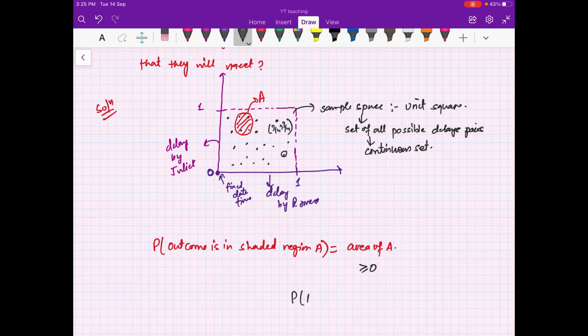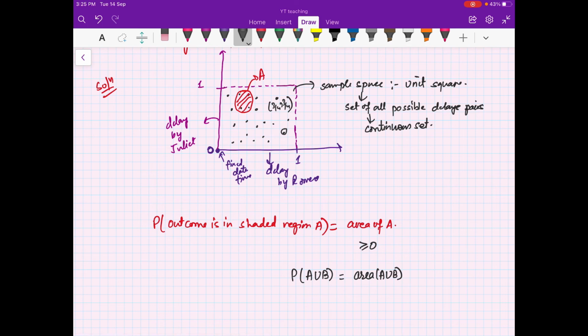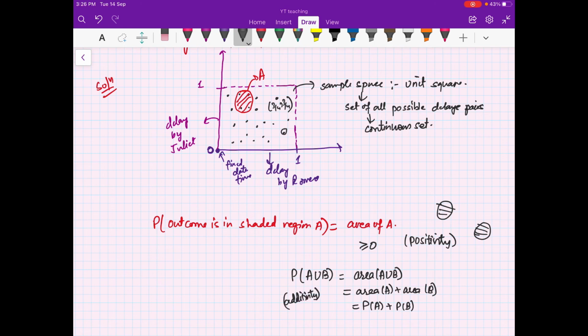Also, if A and B are disjoint, then the probability of A union B is the area of A union B. Because they are disjoint, one is here and one is here, so the area of their union is the sum of the individual areas: area of A plus area of B, which is probability of A plus probability of B. So I have this positivity property and this additivity property. And in this case, what is the area of the total sample space? The area is 0 to 1 times 0 to 1.